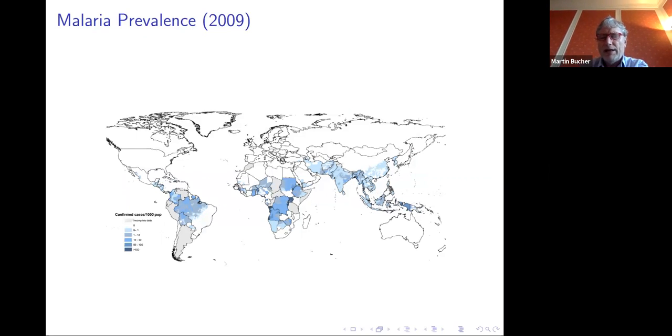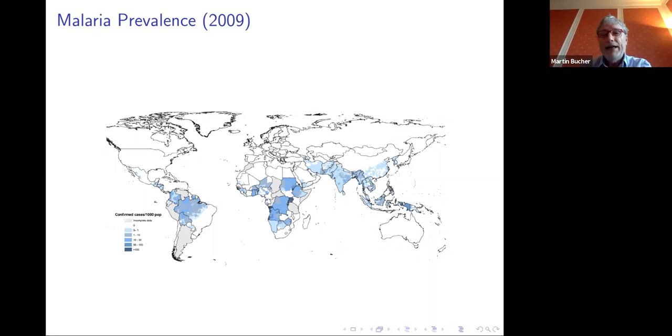So this is in 2009. There was malaria in parts of the US 100 years ago, Italy, Spain, Greece, but we're really interested in the regions where it is very endemic.